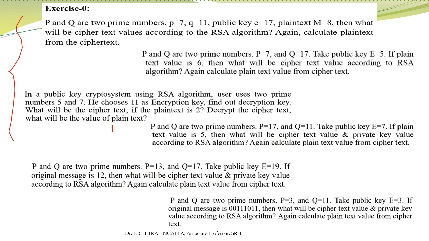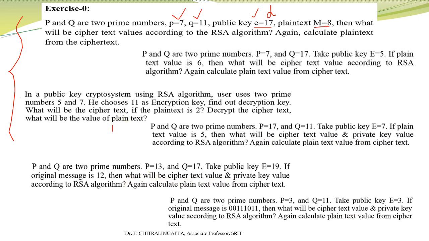The first problem: p and q are two prime numbers. The given p value is 7 and q value is 11, and the public key is also given. So no need to calculate the public key, directly you can calculate the private key. And the plain text m is also given.